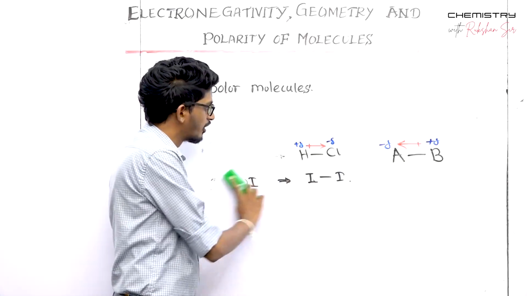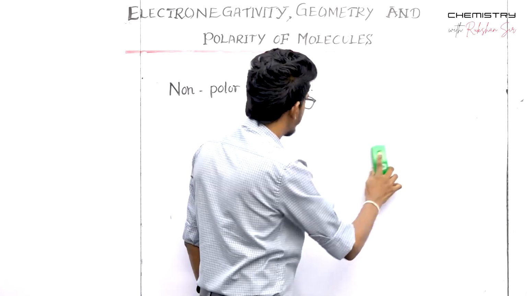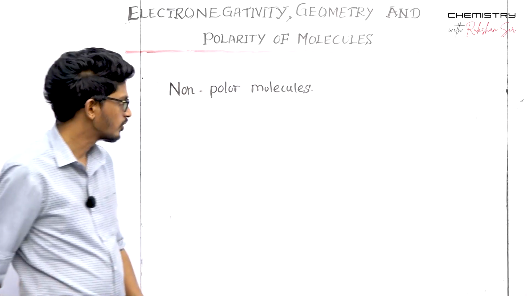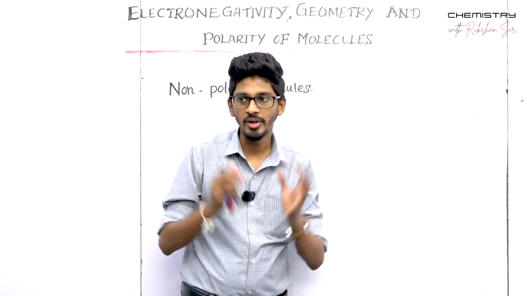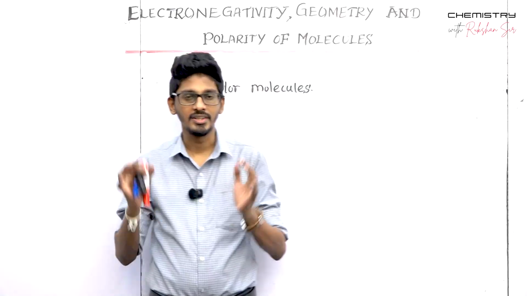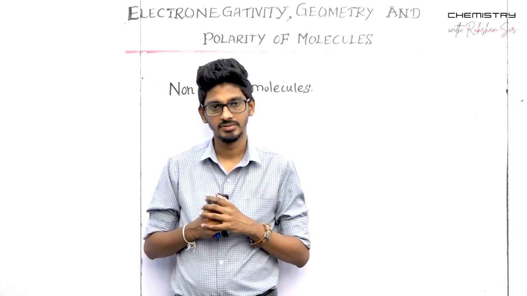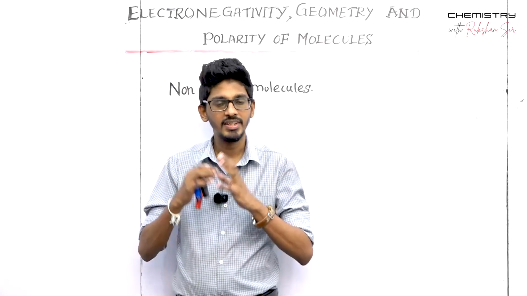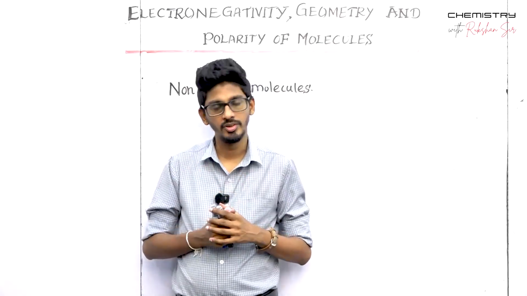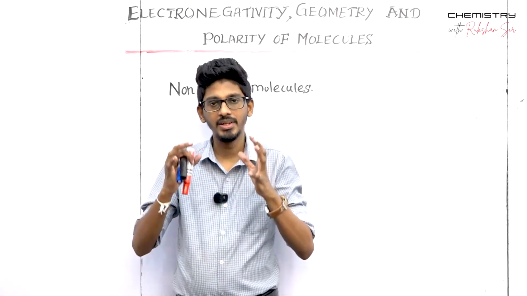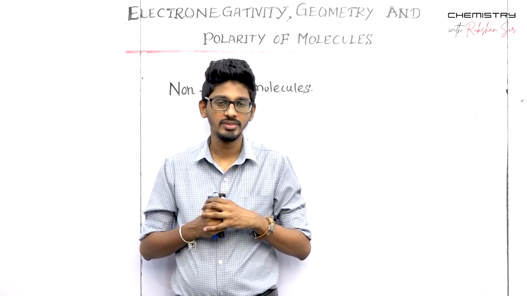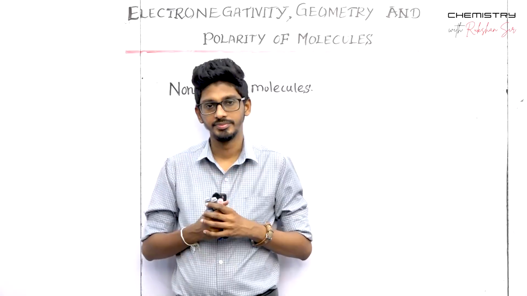We can use those same ideas to come up with the polarity of molecules. If, for the whole molecule, no dipole moment appears, then we can say it's a non-polar molecule. If some dipole moment appears with the molecule, you can say it's a polar molecule.